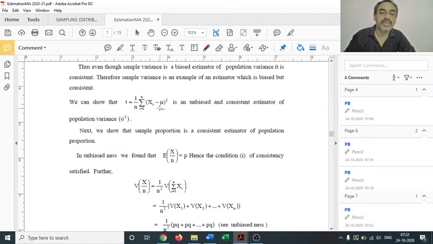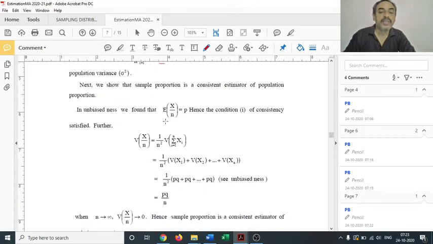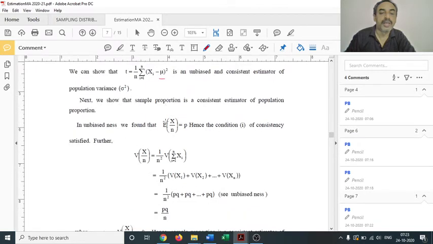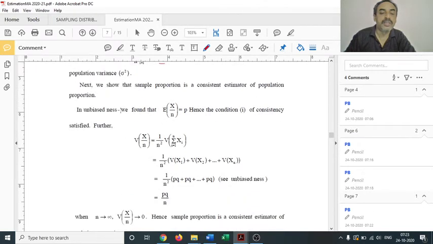But if mu is known to us, we can show that it will be an unbiased and consistent estimator. That is about the unbiasedness and consistency of mean x bar, S square and T.